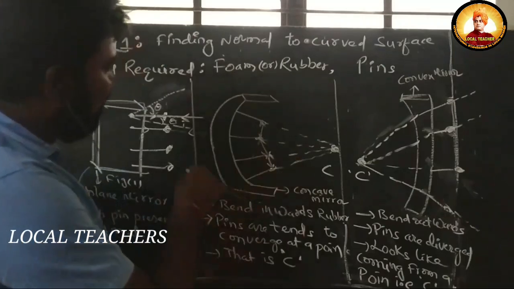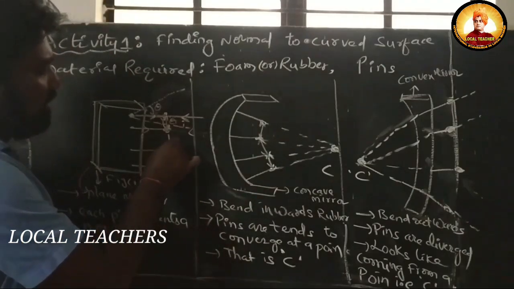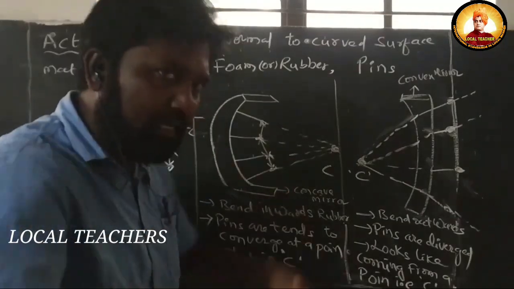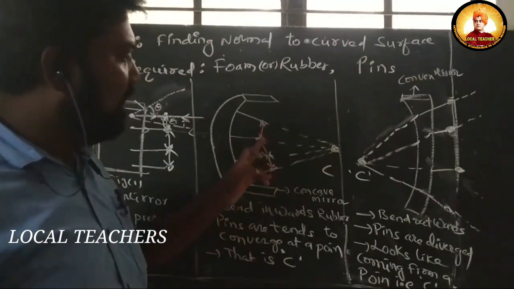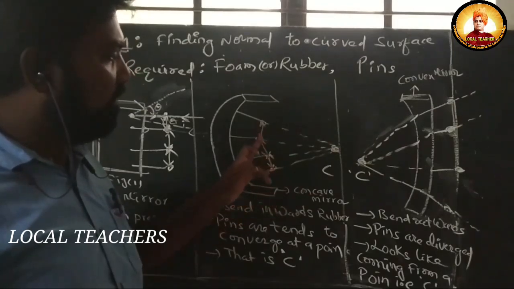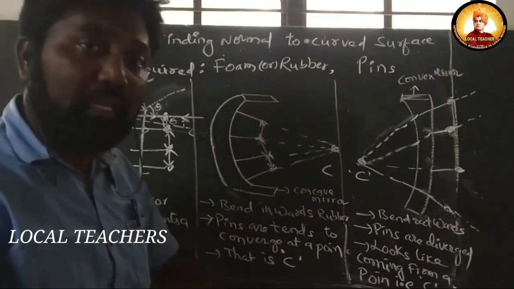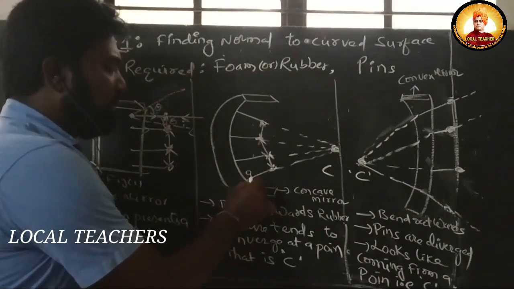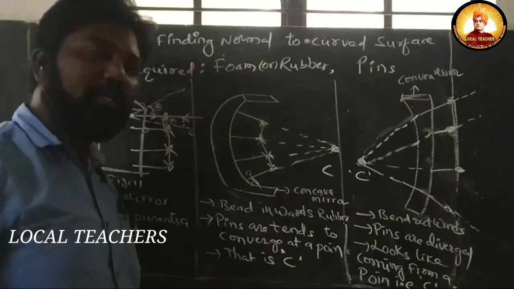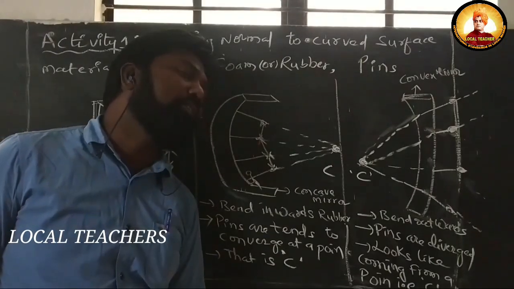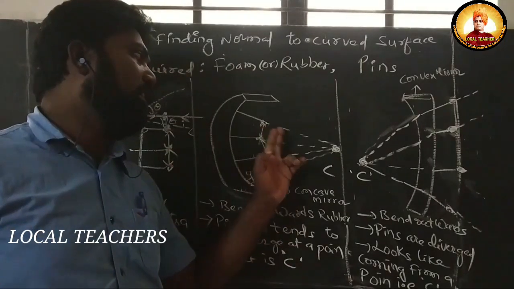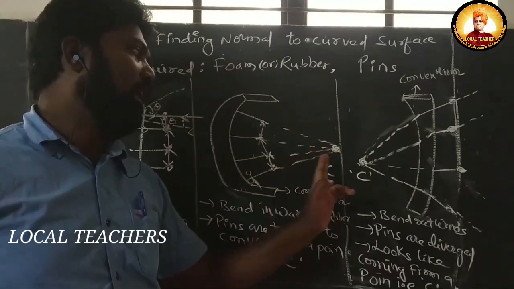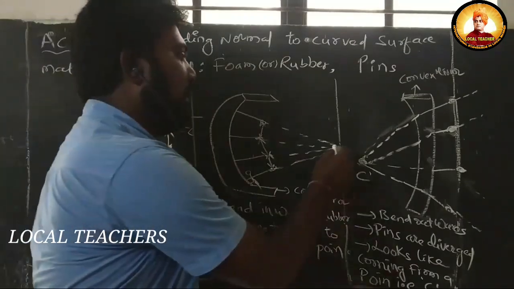In the previous case the distance was the same, but when we bend the rubber, observe the heads of the pins, the distance between the pins has decreased. Consider a person standing here, observing the pins like this. It tends to meet all these heads of the pins at a common point.